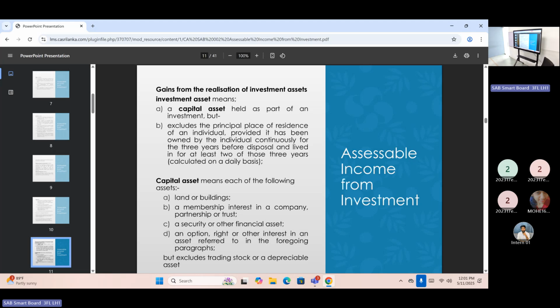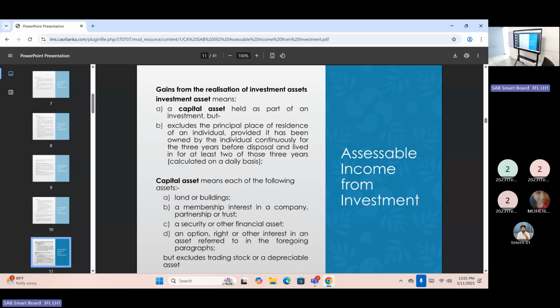But exclude the principal place of residence of an individual, provided two conditions: provided it has been owned by the individual continuously for 3 years before disposal and lived in for at least 2 of these 3 years.